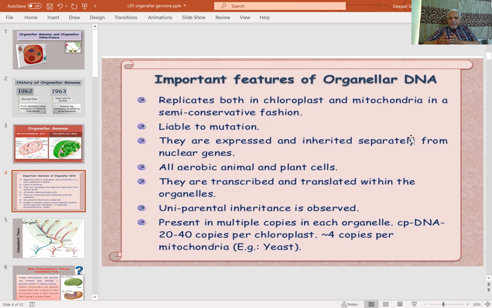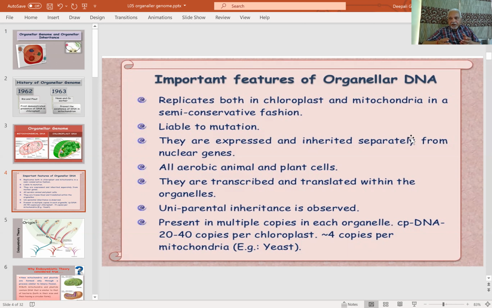And the organellar DNA is transcribed and translated in the organelles only, whereas the nuclear DNA is transcribed in the nucleus and translated in the cytoplasm.